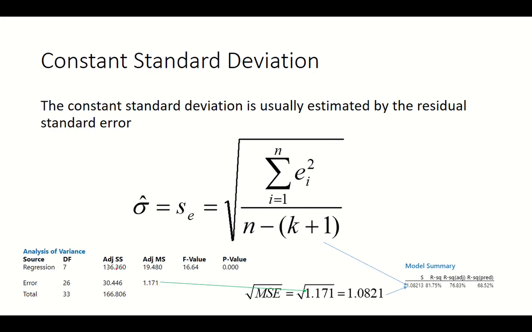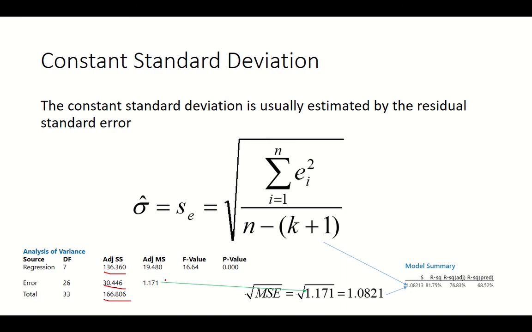So over here we have the sum of squares regression. Here we have the sum of squares error, and then the sum of squares total. If you take this 30.446 and divide by 26, you get the mean squared error of 1.171. If you take 136.36 and divide by 7, you get the adjusted mean square of 19.48.